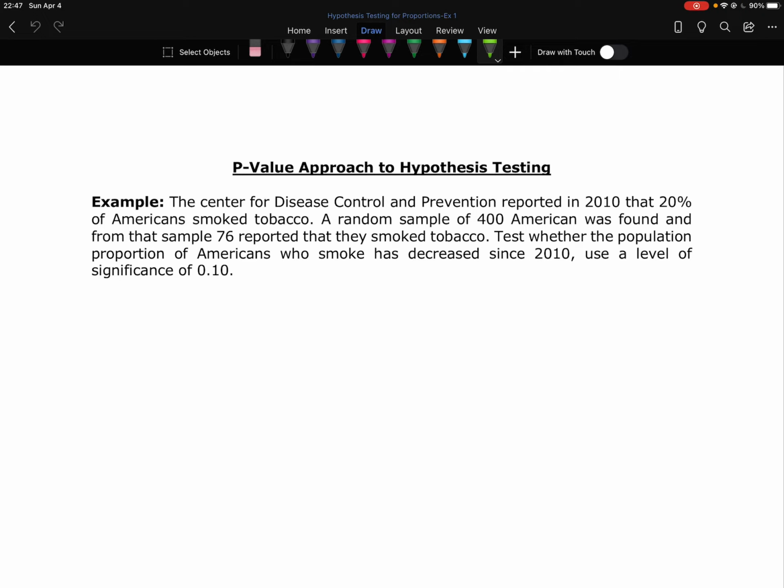So let's see. They reported in 2010 that 20% of Americans smoke tobacco. They took a random sample of 400 Americans, and 76 reported that they smoked tobacco. We are going to do a test. I like seeing that word because that tells me I'm doing a hypothesis test.